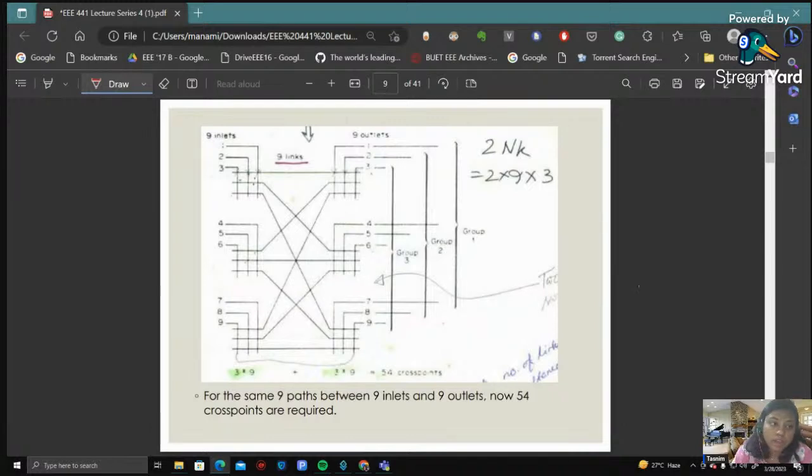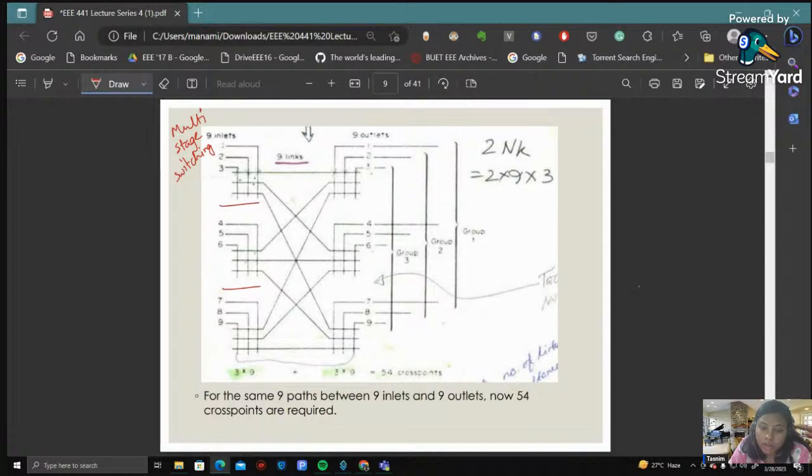So this is the intro of multi-stage switching. We have 9 inlets, 9 outlets, and we will group them into 3 into 3. These are three chunks of 3 into 9, right?